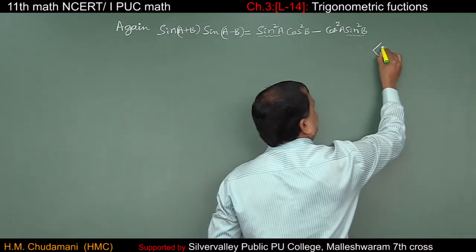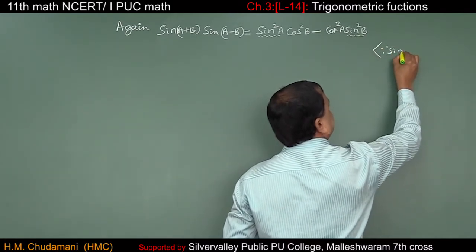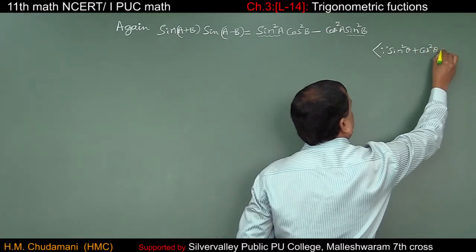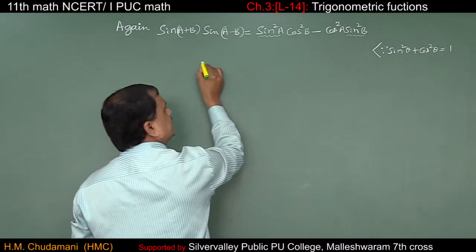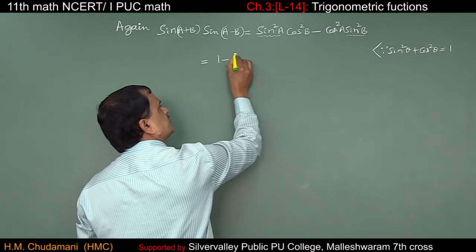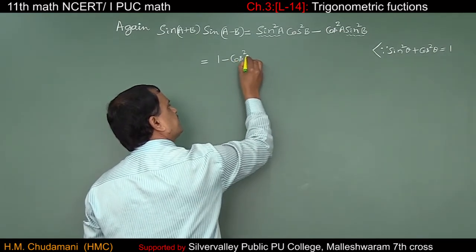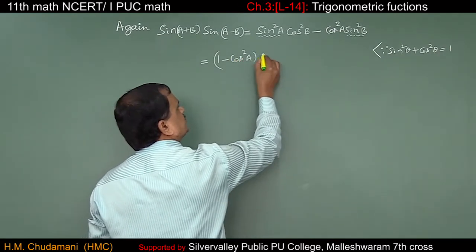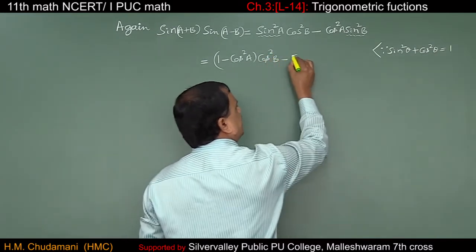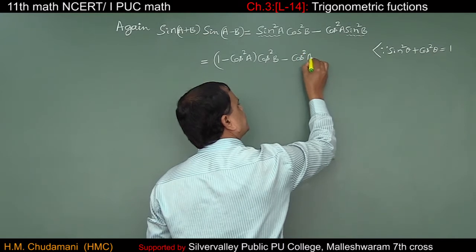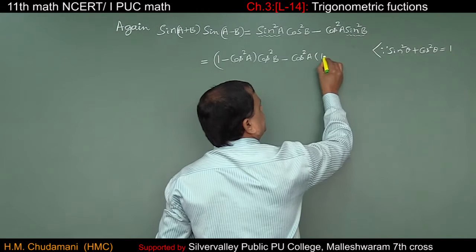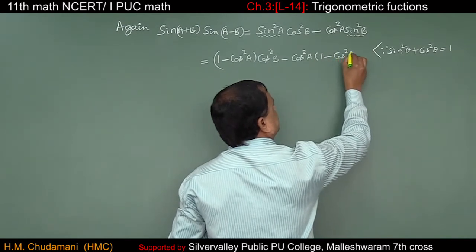We have the identity sin²θ + cos²θ = 1. So in place of sin²A, 1 minus cos²A I'll write, into cos²B as it is, minus cos²A as it is. In place of sin²B, 1 minus cos²B I'll write.